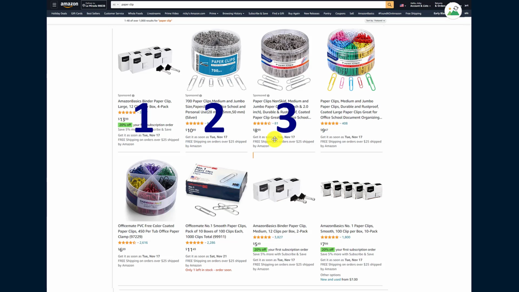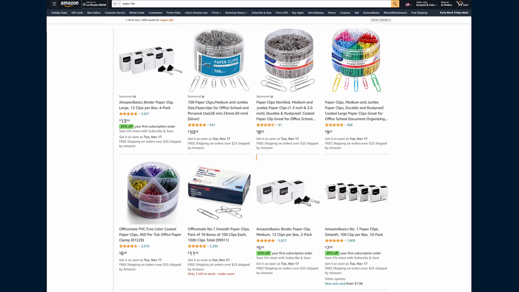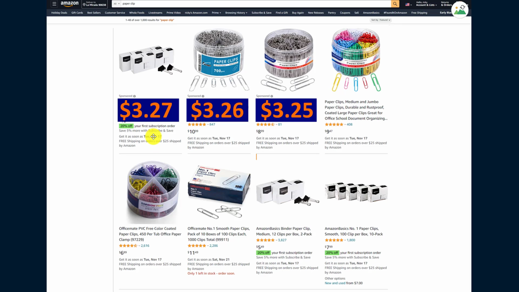Now, the question is that how does one get the number 1 slot for the word paperclip? Well, Amazon has a bidding system, and whoever bids the most will get the number 1 slot. Whoever bids the second most will get number 2, and the person that bids the least will get the 3rd slot. So in this particular example, this first person bid $3.27. So every time a customer will click on this particular product, Amazon is going to charge them $3.27.